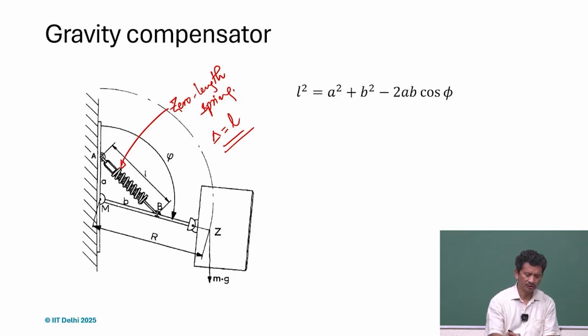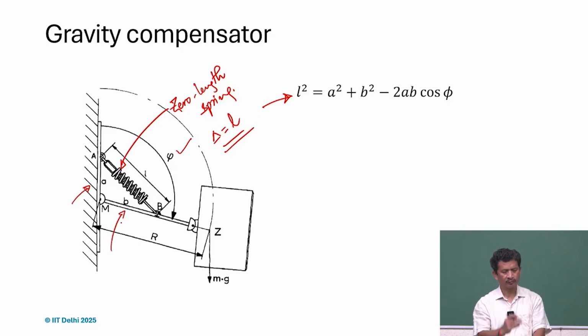If we check this configuration, we have the angle phi and the parameters A and B, which is where the spring is attached.